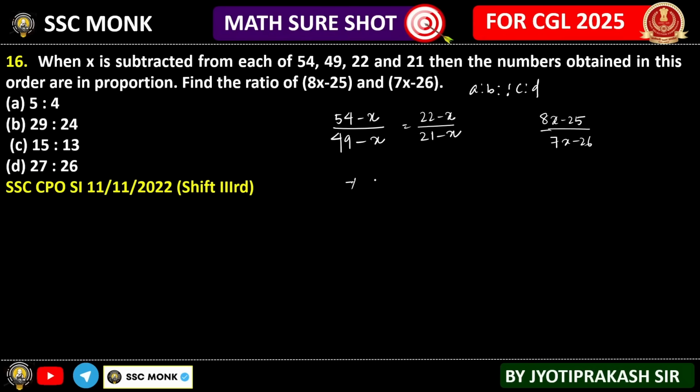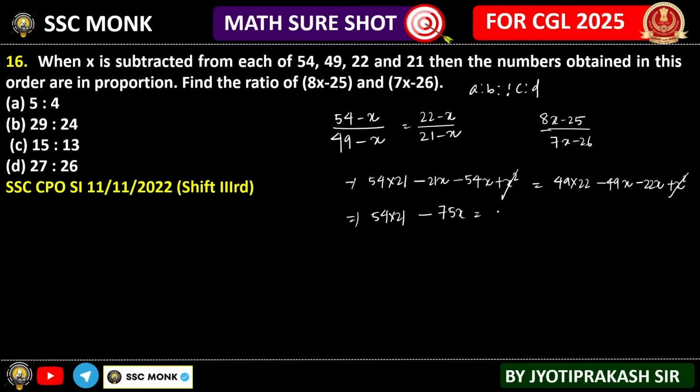Now simple cross multiplication. It will be 54 into 21 minus 21x minus 54x plus x square is equal to, same here, 49 into 22 minus 49x minus 22x plus x square, gone. Sir, 54 into 21 minus 54x and 21x is 75x, 49 into 22 minus 49x and 22x is 71x.